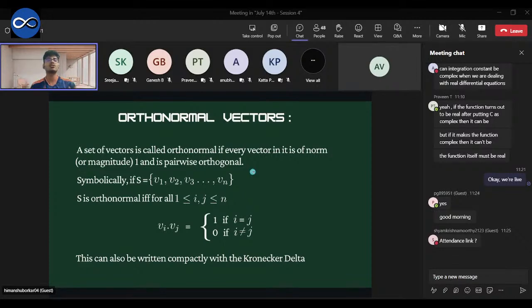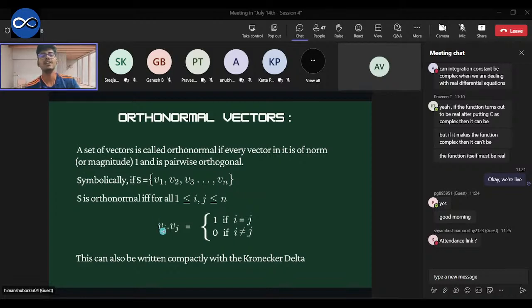This is nothing but an orthonormal set, or orthonormal vectors. We actually have a good way of denoting this. It is denoted by the Kronecker delta. It's just a name.